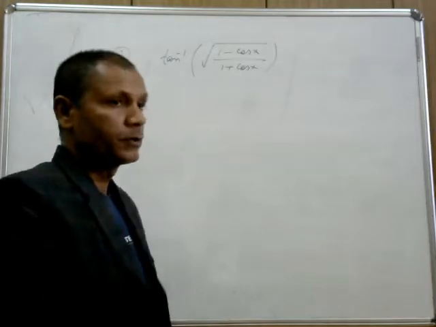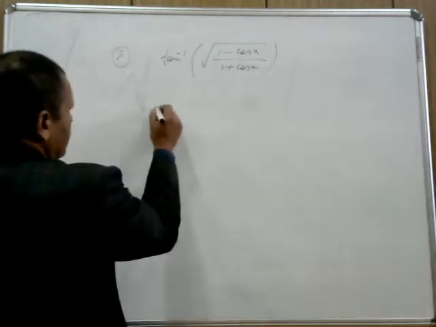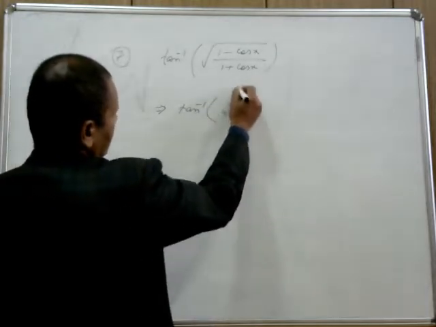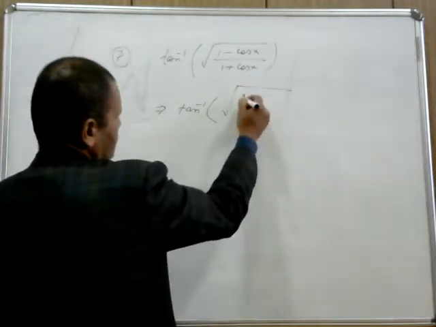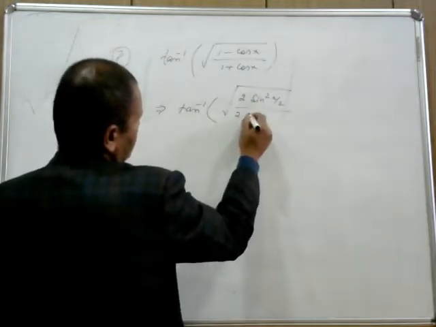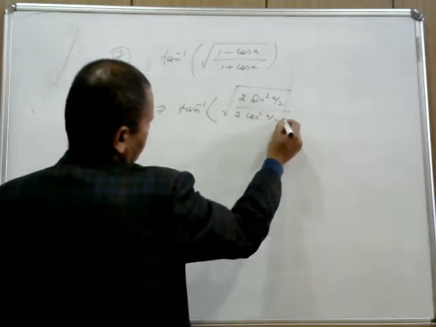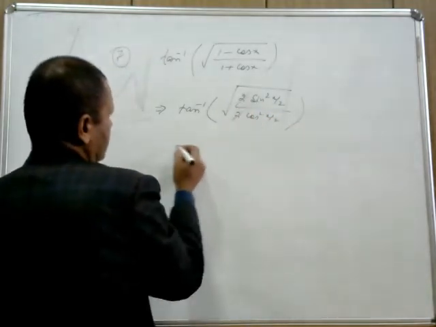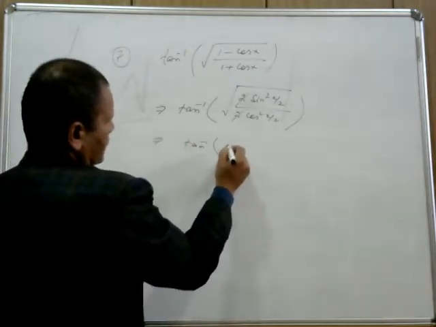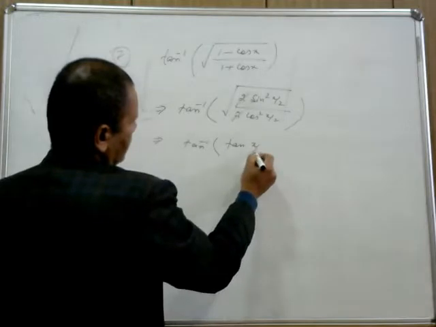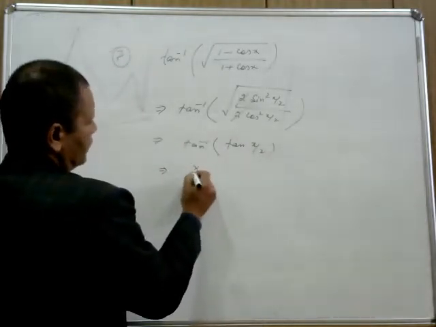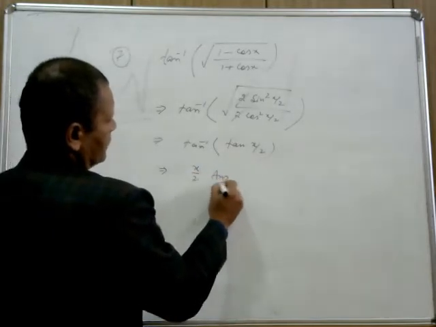See, many times we will be using this formula that we can write tan inverse under root 1 minus cos x is 2 sin square x by 2. This is 2 cos square x by 2. 2 and 2 is cancelled, and you will get here tan inverse tan x by 2, and that is equal to x by 2. Very simple.